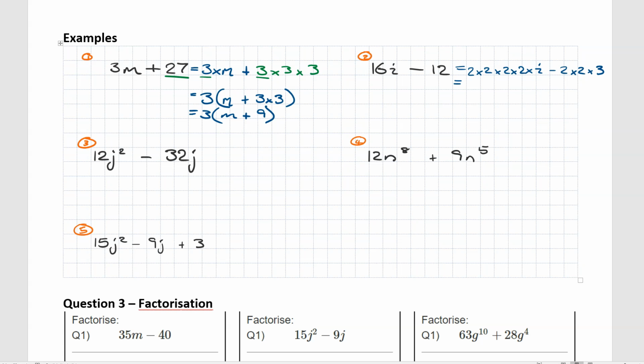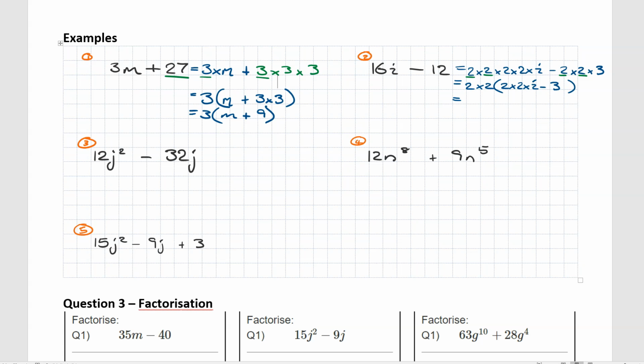Now we're going to look at what's common between the two. We've got a 2 here, 1 here, 1 here, and 1 here. So now that we've found everything common between the two, we write it as 2 times 2, open up our brackets, then the guys left over, 2 times 2 times i, minus 3.